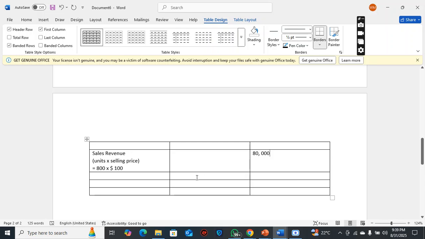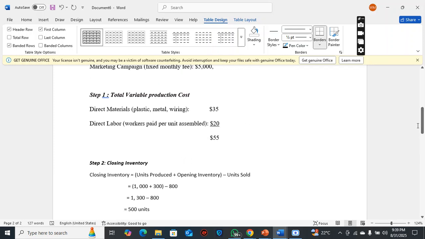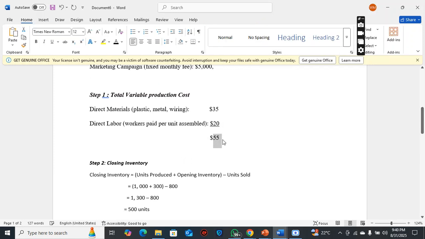Next, we now tabulate our variable costs. So we're going to start with our opening inventory. We're valuing our opening inventory at this $55.